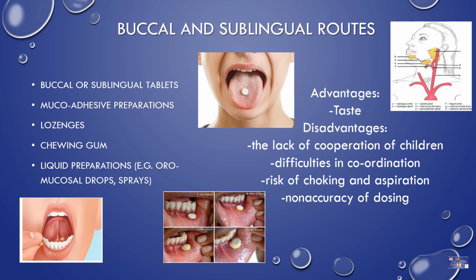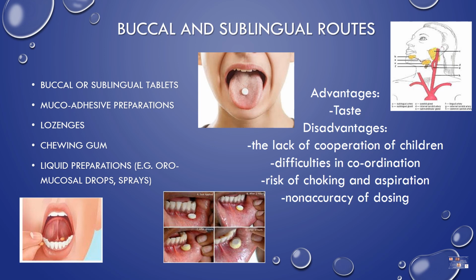Limitations include the restricted number of successful drug candidates, the restrictive size of the buccal patch and sublingual area, and concern over palatability and local irritation. For reasons of safety and uncertainty about cooperation, this type of product is not suitable for young children.